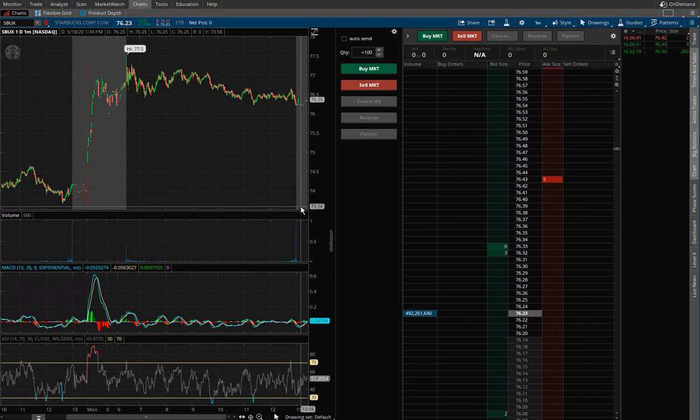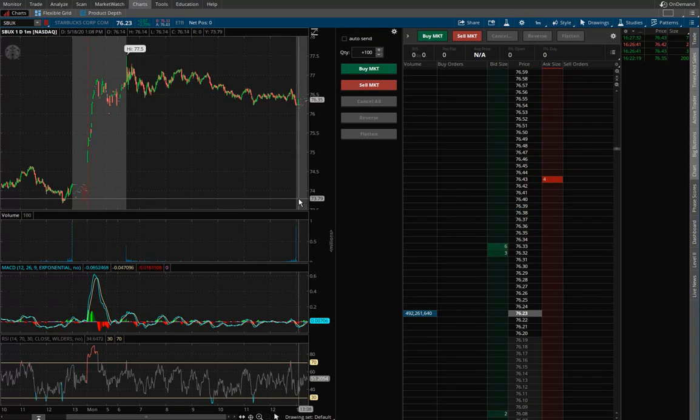So theoretically, it could just keep going down and down from 70 to 65 to 60, and it still won't trigger that stop limit because it's just waiting. The lowest price you set it for to sell was 72. So basically, the stop limit is waiting for the stock to get back to the price you set the limit at, in this case, 72.